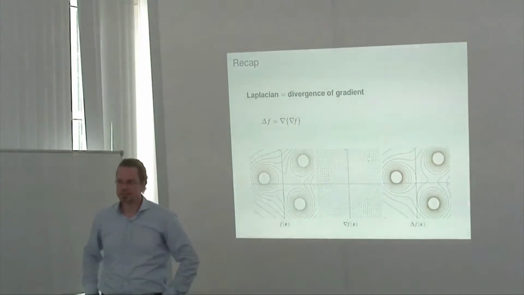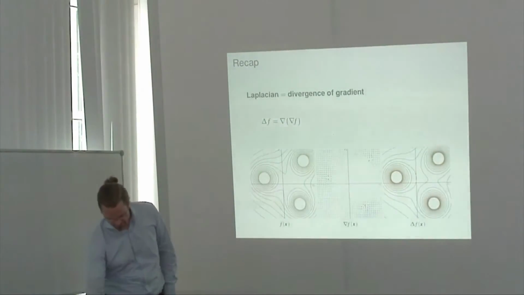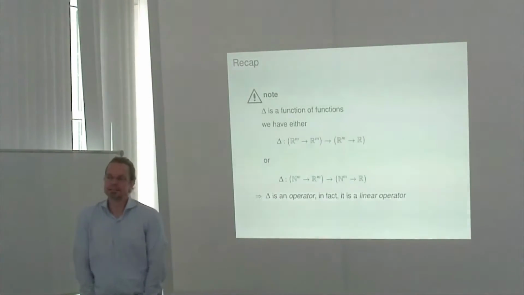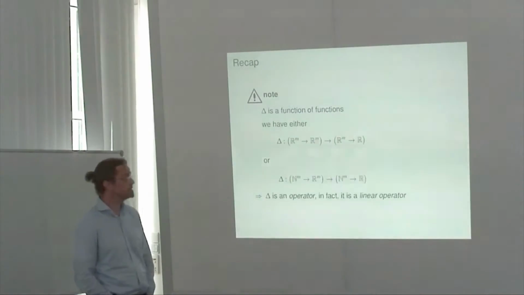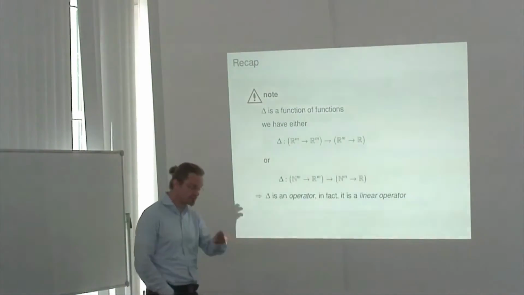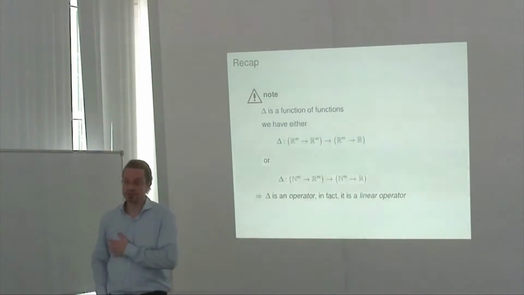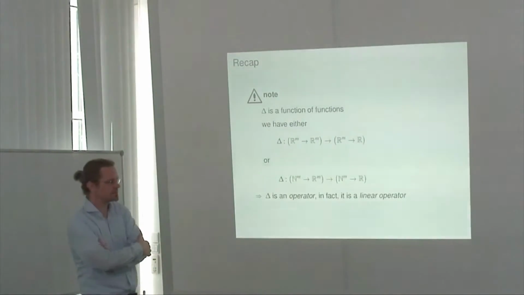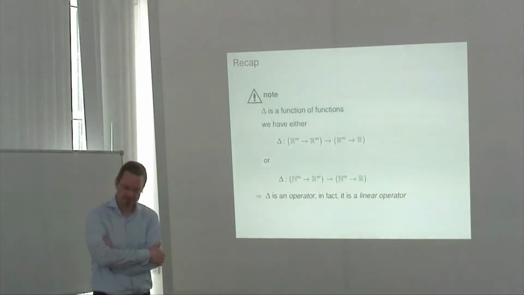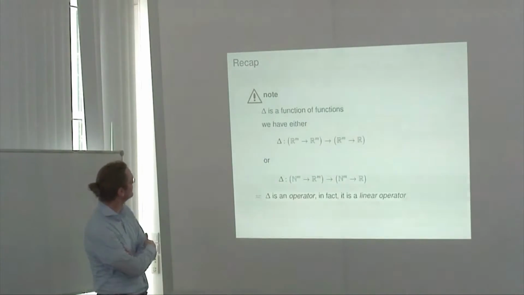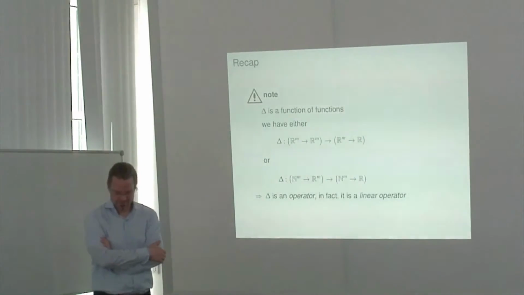So, that is the Laplacian. And something we need to be aware of, not many people are aware of that, at least in computer science, which is a shame because, you know, computer science is all about operations on data types. This Laplace operator is a function of functions.